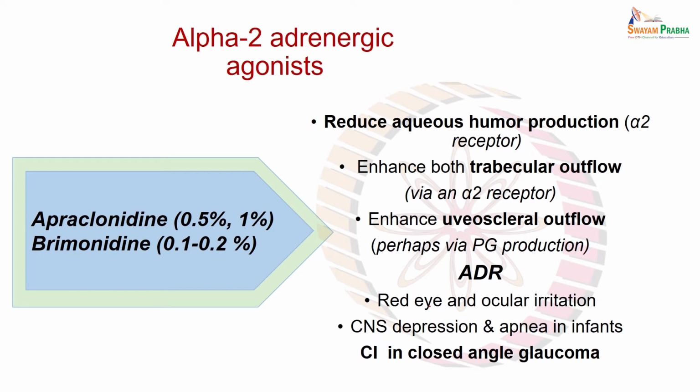Of the adrenergic drugs, alpha 2 adrenergic drugs are also used in glaucoma. By the alpha 2 receptor, they reduce aqueous humor production and enhance trabecular outflow and uveoscleral outflow via PG production. So, alpha 2 adrenergic agonists have a dual mechanism of reducing secretion and increasing outflow.